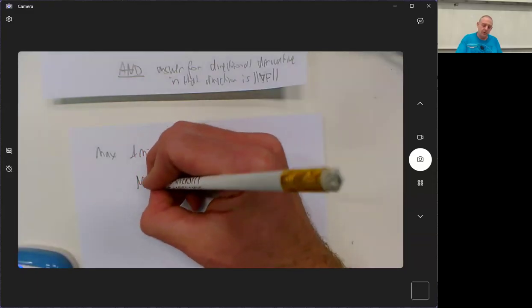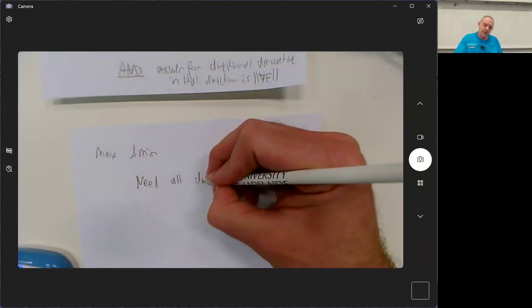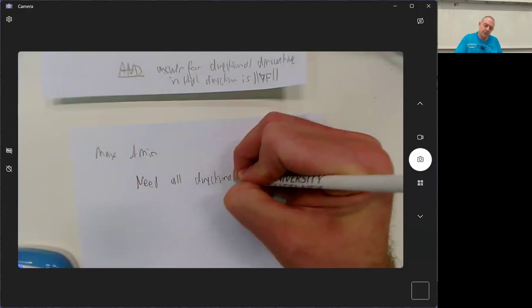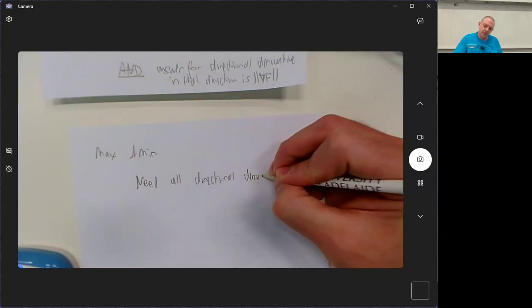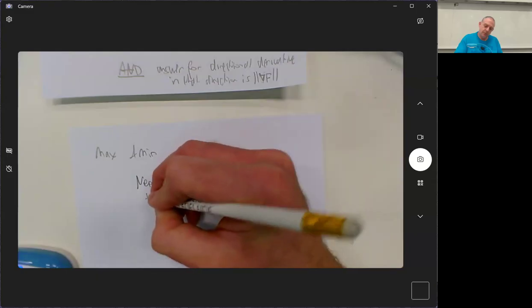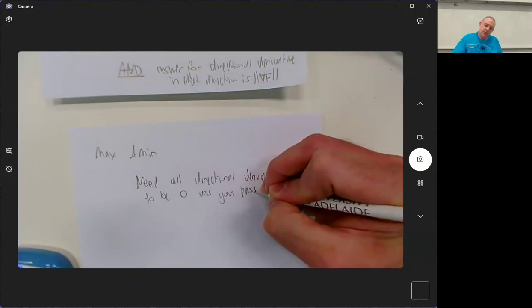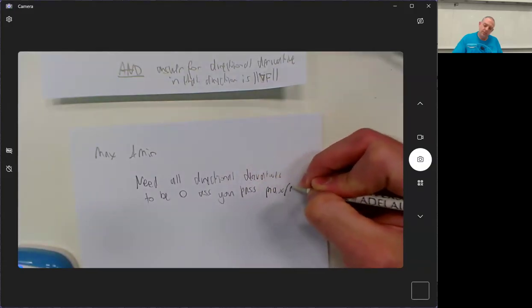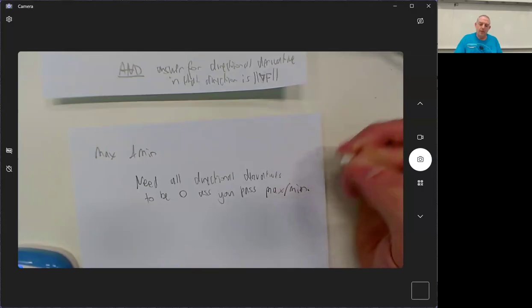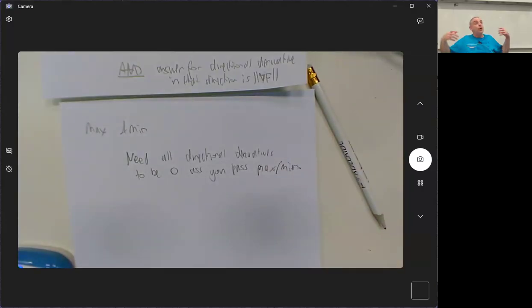So you need all directional derivatives to be 0 as you pass a maximum or a minimum. Because that's how derivatives work. You know that derivatives are 0 when you're passing a point that's a maximum or a minimum. So if it's a maximum or minimum in space, no matter which direction you go, it has to be a maximum in every direction.